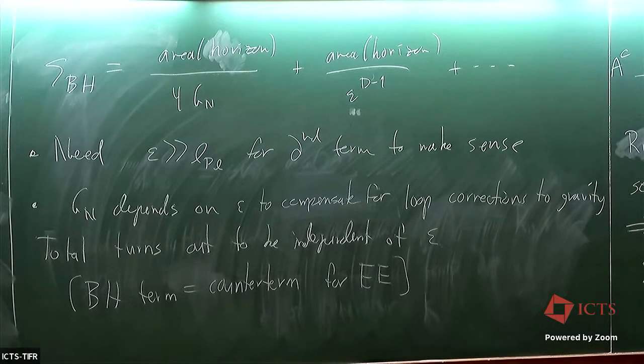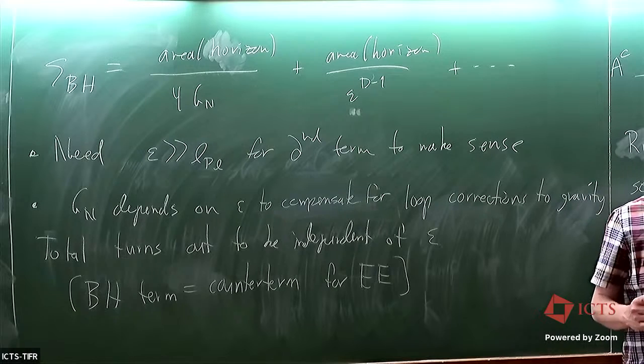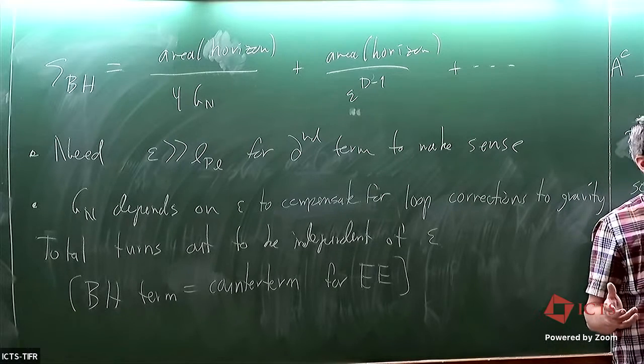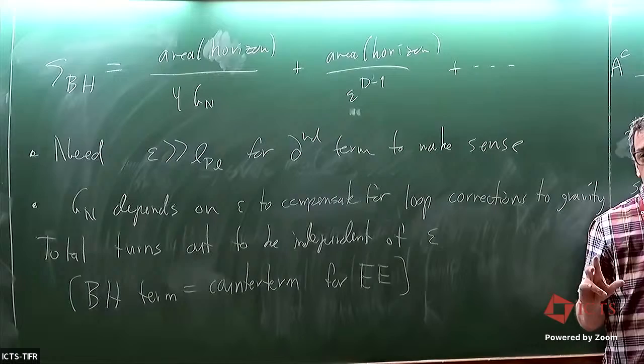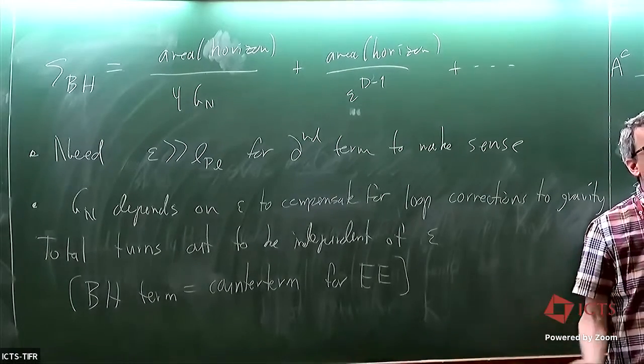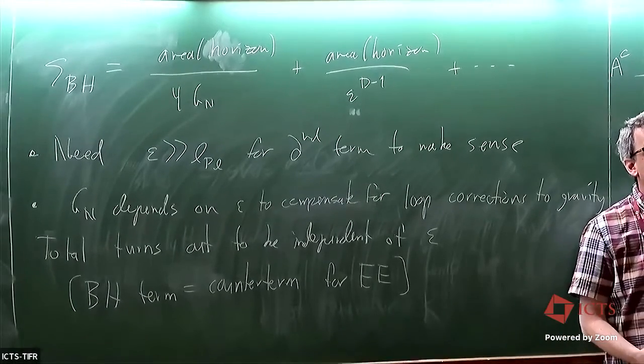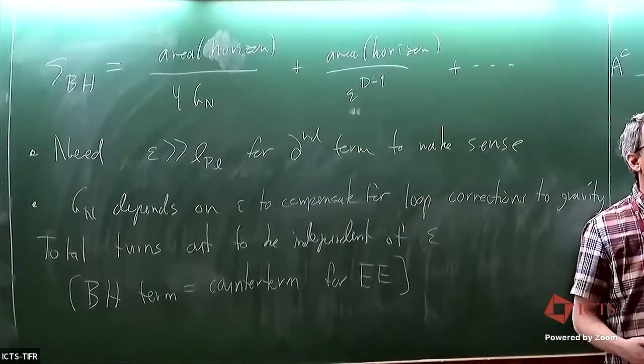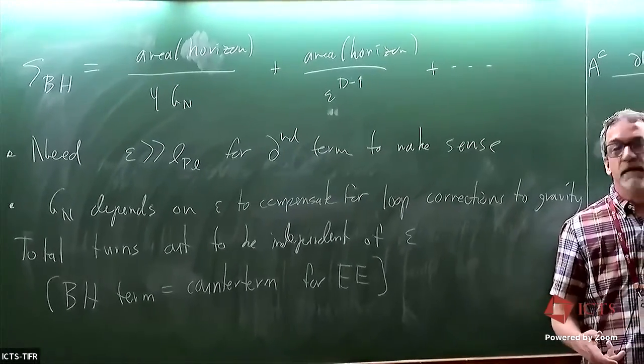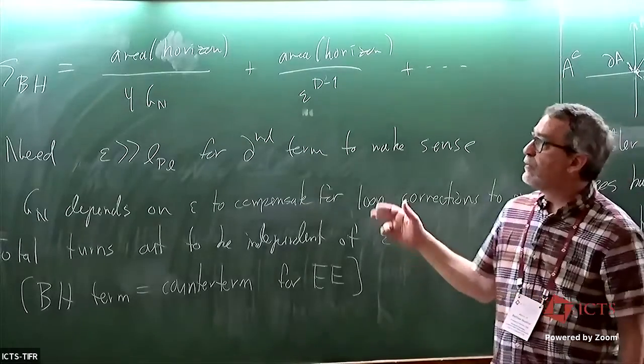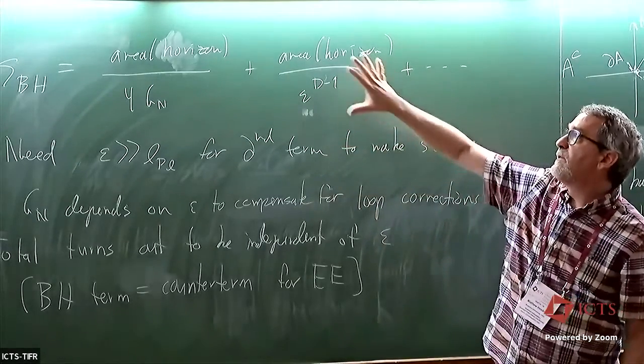Yeah, I mean, okay, let me attempt one other answer, which is that these things are going to depend, obviously, on your choice of regulator, and often something like dimreg will sweep certain divergences under the rug, which is an advantage of it for some purposes. But here we're really talking about some kind of crude regulator. So I don't want to compute this by dimreg.